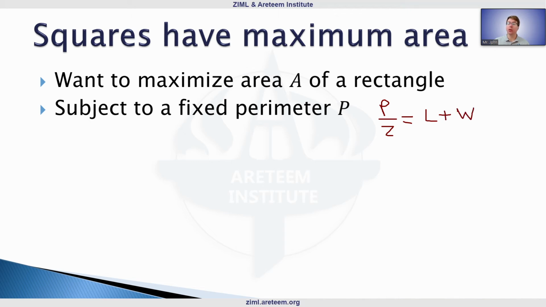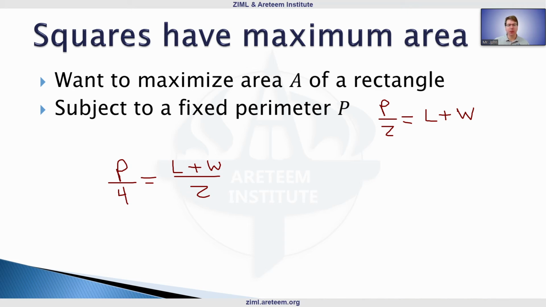Now it looks a little bit weird, but here we want the average of those two numbers to apply AM-GM. So we could have P over 4, the perimeter divided by 4, is equal to the average of the length and the width.